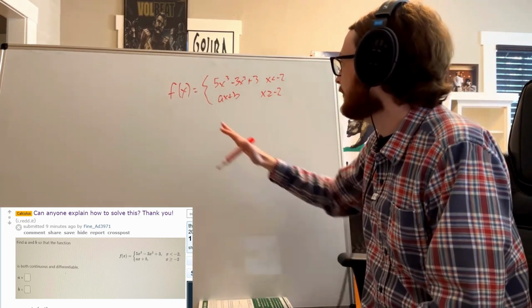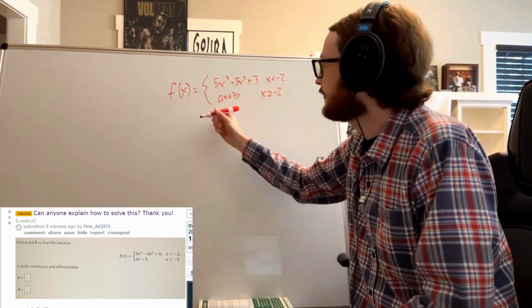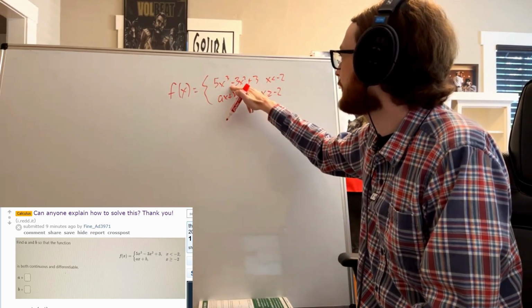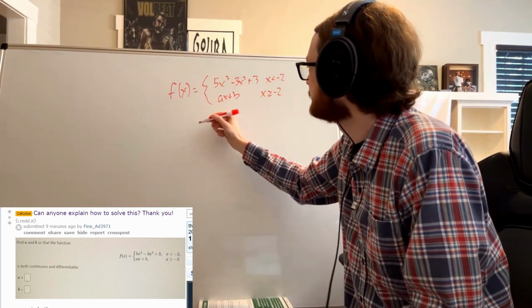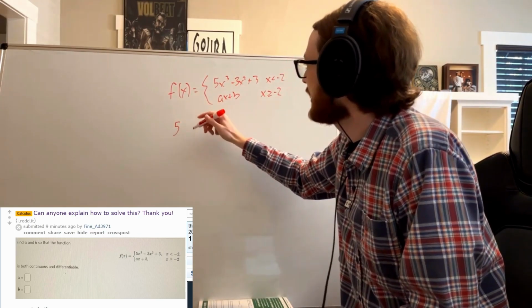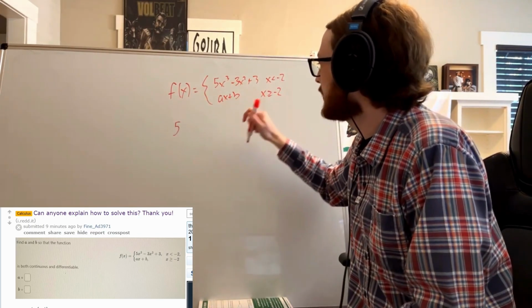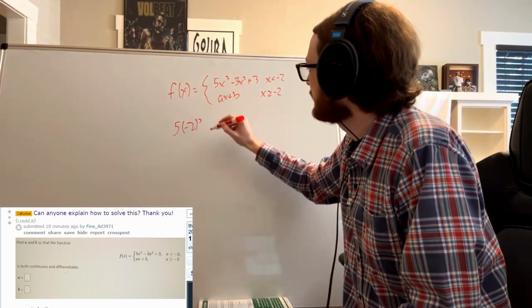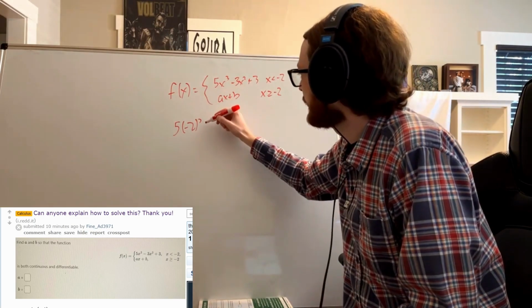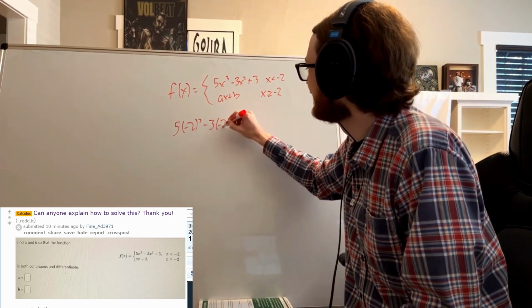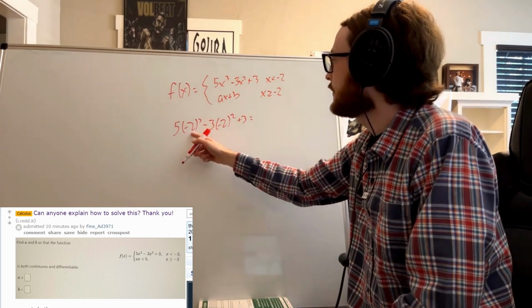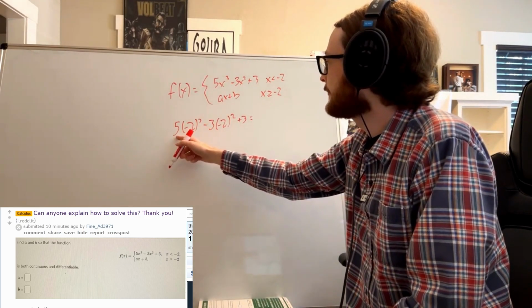So first, I think it's helpful to find out what this function is at -2. Since f is technically defined with the line when x equals -2, we'll plug -2 into the top function where we know everything. -2 cubed is -8 times 5 is -40.